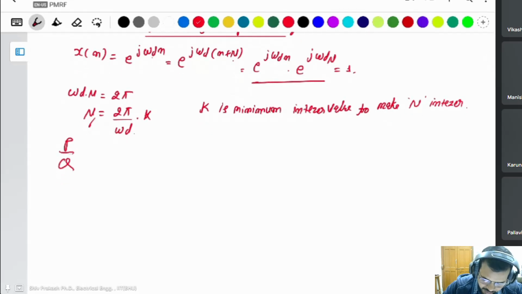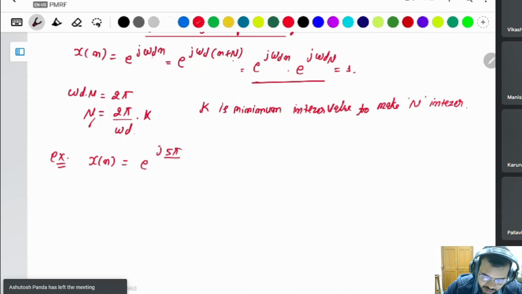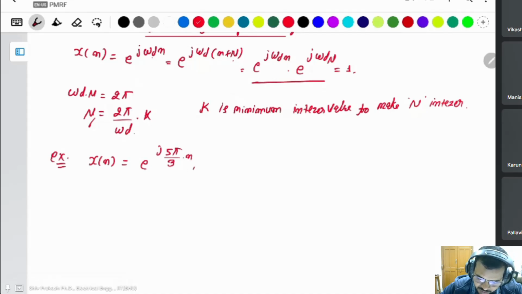Same thing for the example: x[n] equal to e power j 5 pi by 3. This is omega d. You can find N as 2 pi by omega, which is 2 pi by 5 pi by 3.